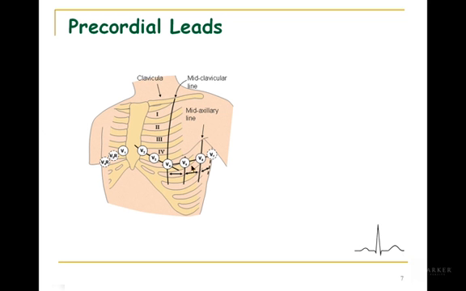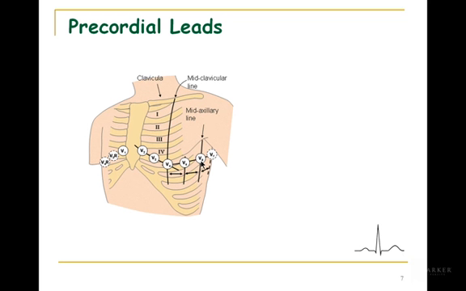These are the positive recording electrodes. Again, I don't know how the machine does it, but the machine creates it. So obviously when Wilhelm Einthoven did his first ECG, he couldn't do any of this because he did not have these machines that could do it.